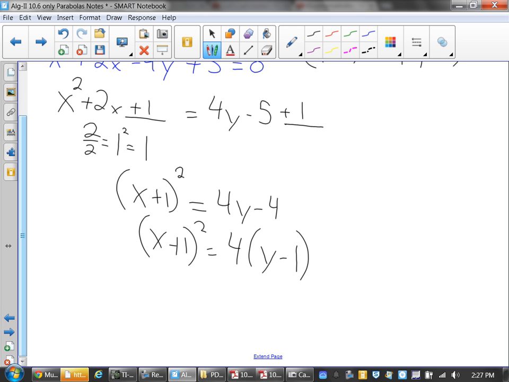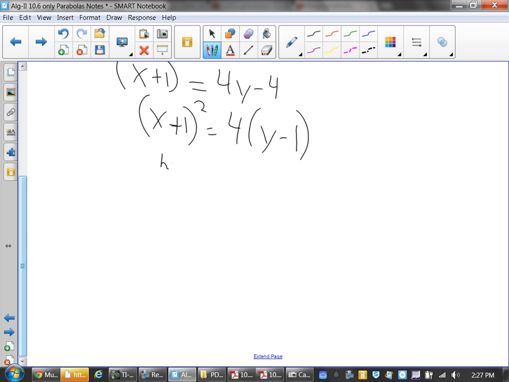So now, where's your h and your k? Negative 1 and 1. My h and k are at negative 1 and 1. It's x squared, so which direction is this going to go?